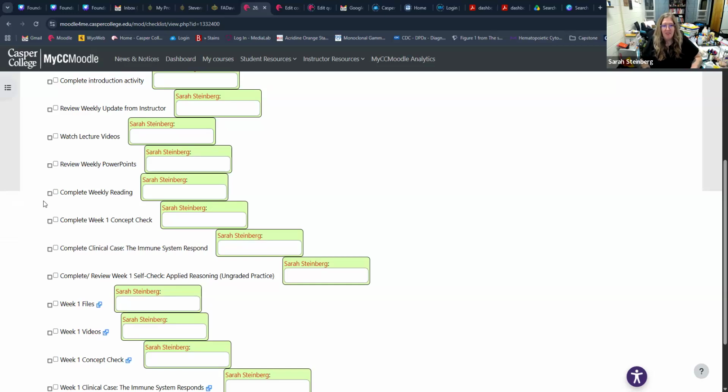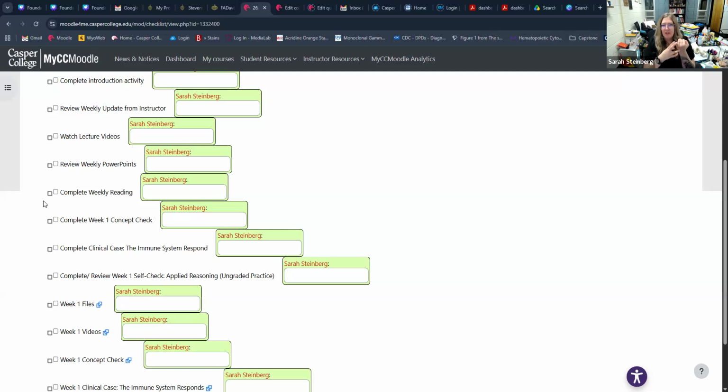And then I'm trying something different this semester than I've done in the past. And that is, the homework is not a traditional worksheet, for example, but instead more application-based learning. So we'll start off with a concept check, and once you complete the concept check, you do have 3 attempts for that.